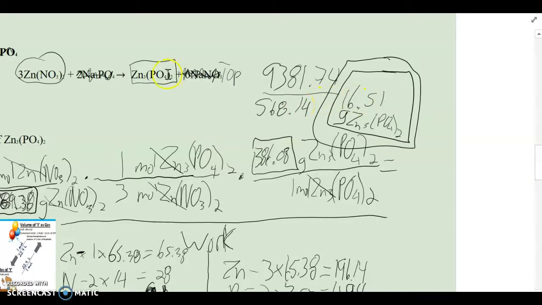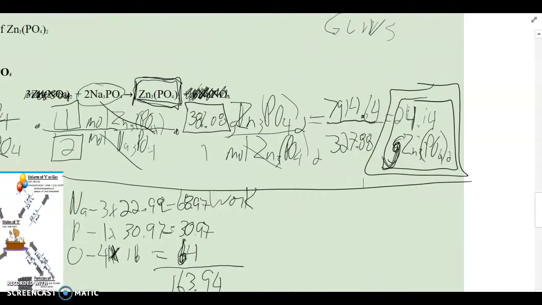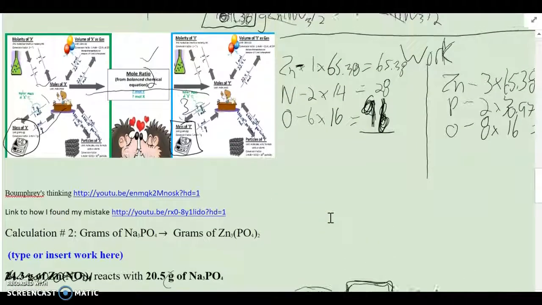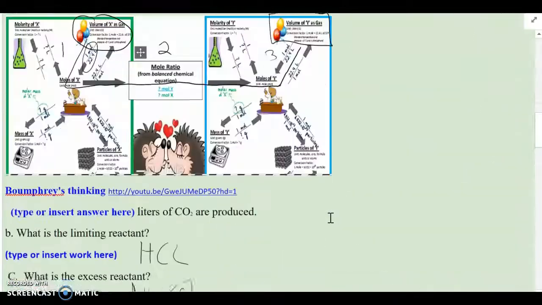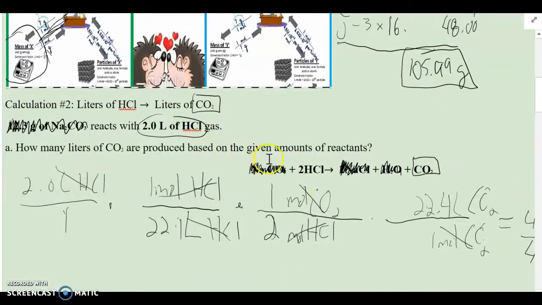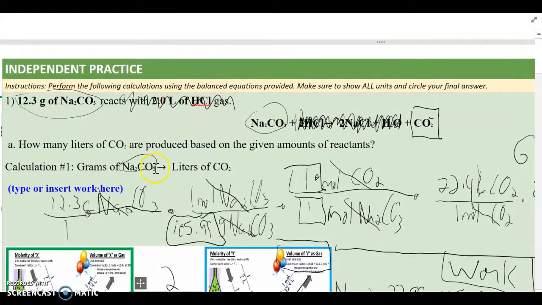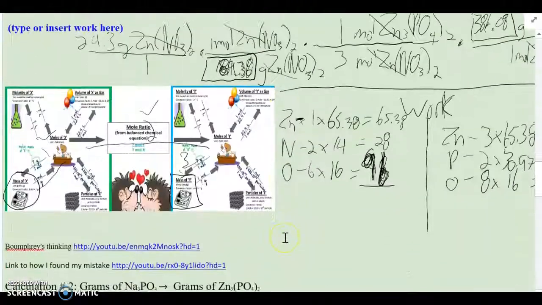So now, because of this, I know my limiting reactant is this. So I guess I can just write that on in. Limiting reactant is, oh man, it's a big one. You know what? I'm going to copy and paste it because I don't have the capacity to memorize that. So, there we go. This is my limiting reactant because it made less product. Go down here.